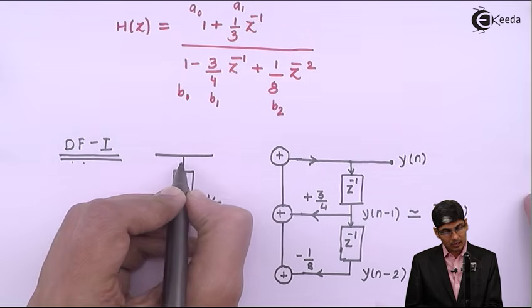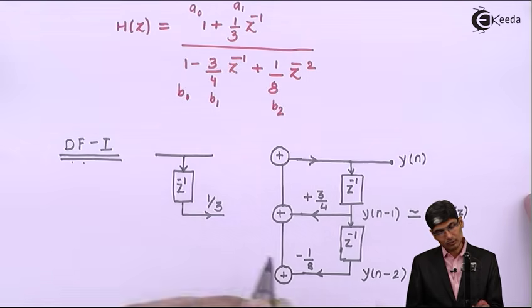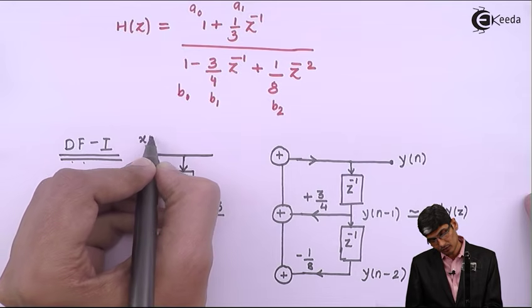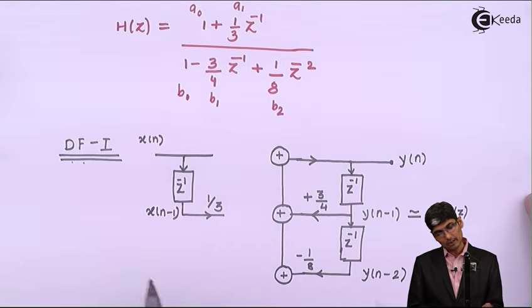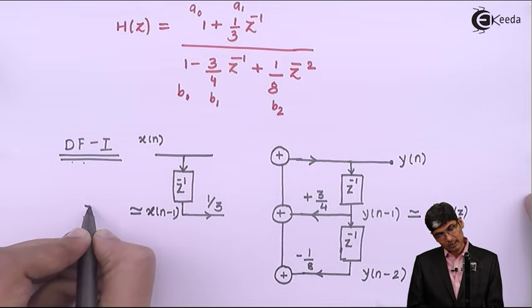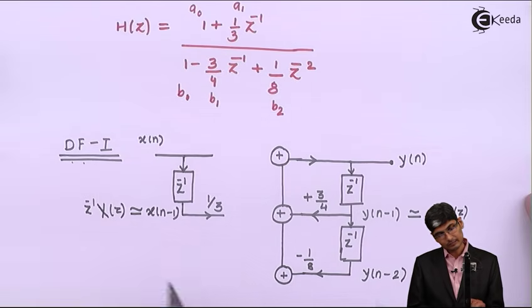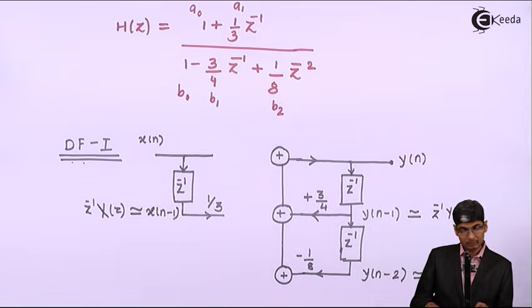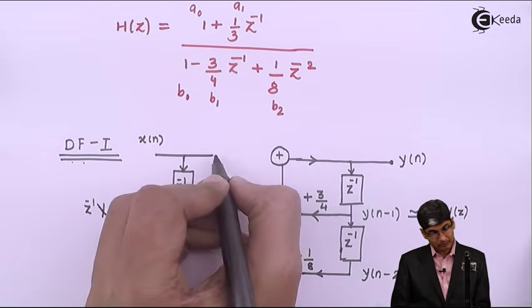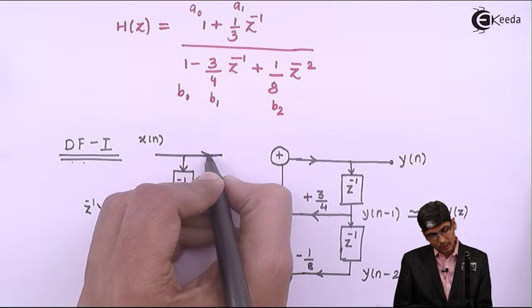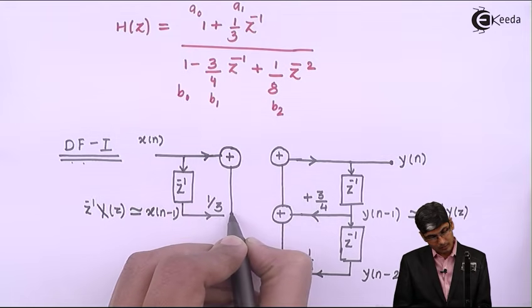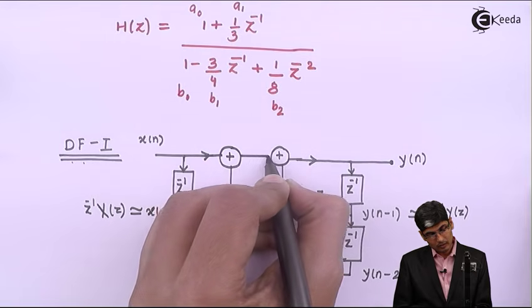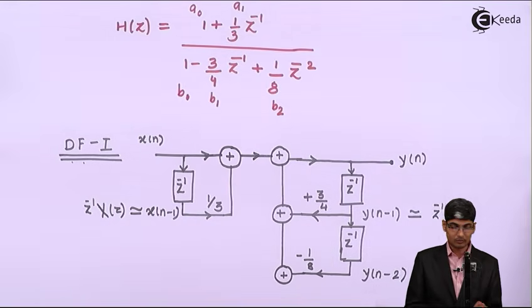And here I will keep a line, the flow will be like this, and here I will write x of n. Of course here it will be x of n minus 1, which is equivalent to z inverse x of z. And with that I have 1 by 3, which is plus again, and then it is added with 1, and then I'll attach them both.